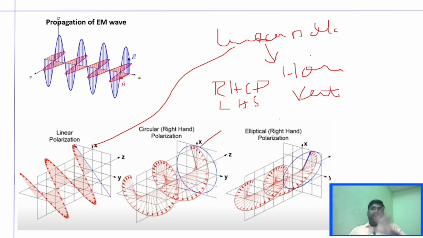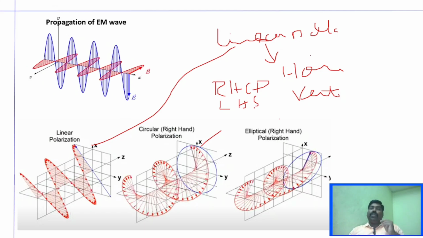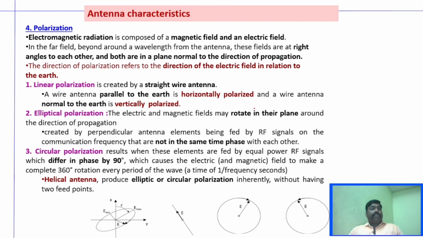With this basic of polarization, we will see in depth what linear, circular and elliptical polarization are. As I said, an electromagnetic wave is composed of both a magnetic field and an electric field. The direction of polarization depends upon the direction of the electric field produced by the antenna, and this direction of electric field is related to the earth.